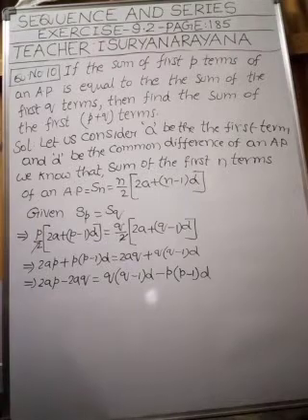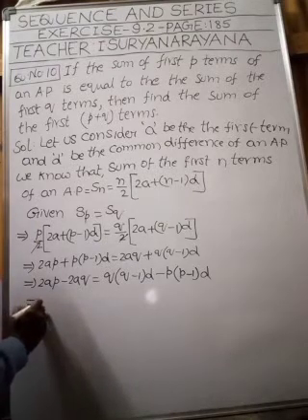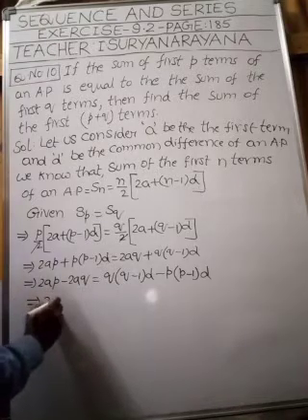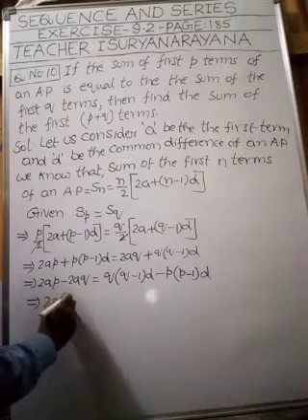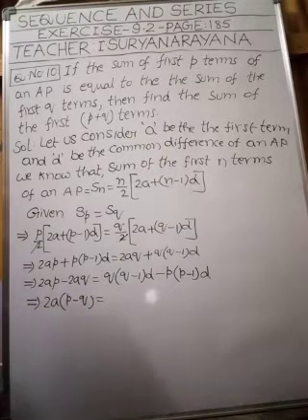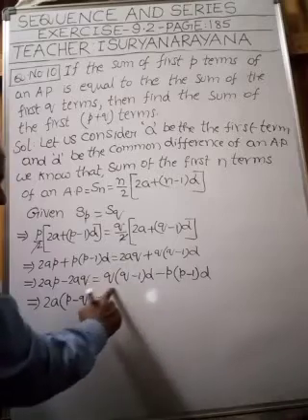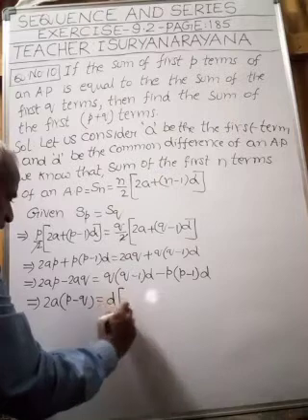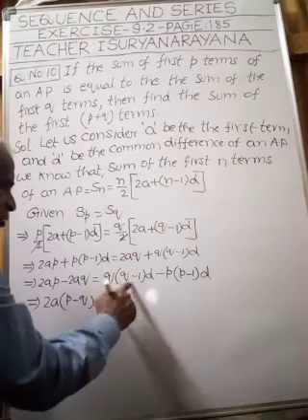Understood this one? Right. Now let us take the common factor. 2a is the common factor. Then we get here p minus q. Now d is a common factor. Then what will q into q minus 1 be?